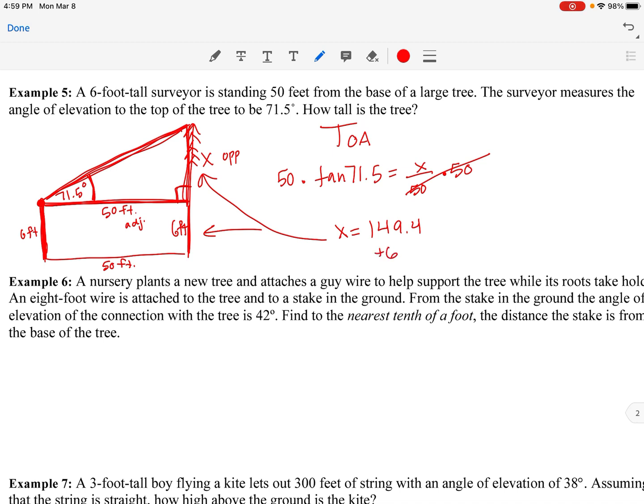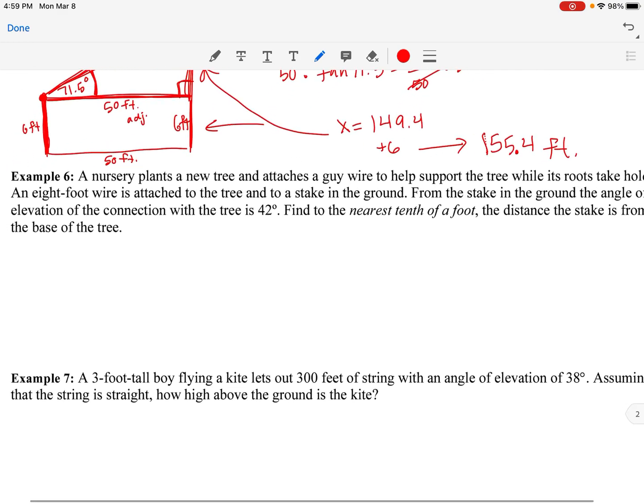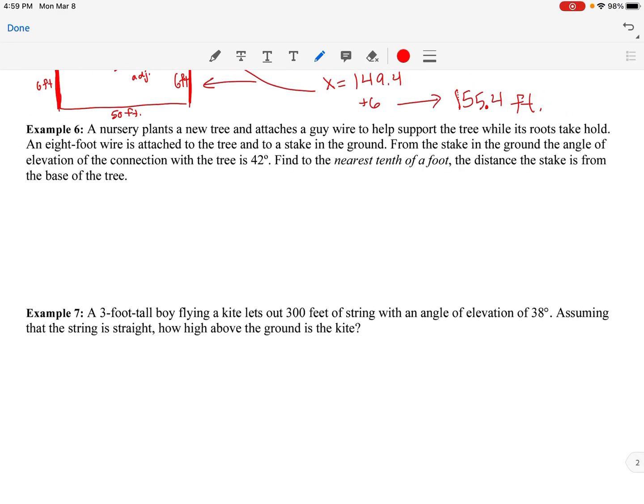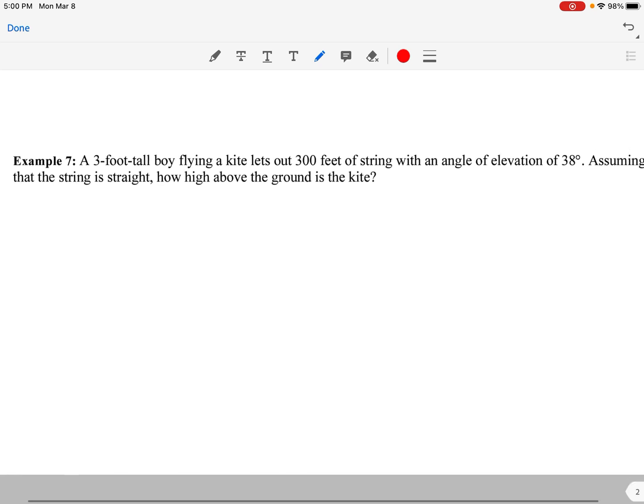So we take that, we add 6 to it, and then we get our full answer for the full height of the tree, which is 155.4 feet, don't forget the unit. Okay, so I'm going to post the answer for this one on the answer key, so make sure you check that.